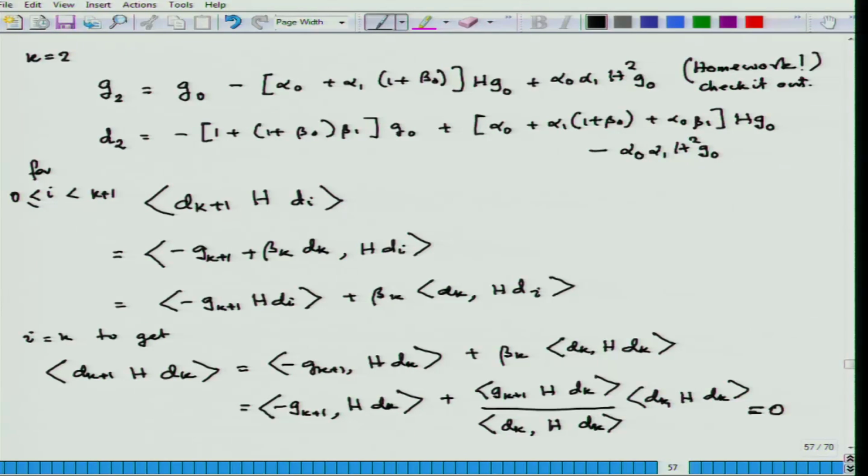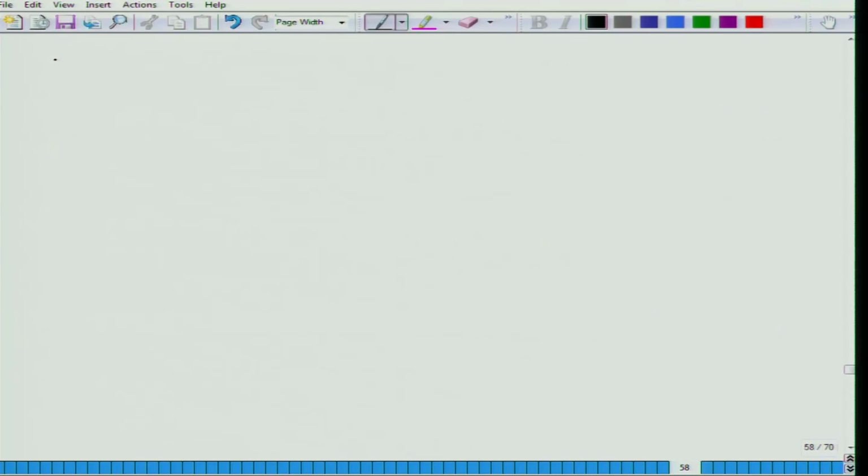So, now we have to look at scenarios where i is strictly less than k. Now, consider i strictly less than k.